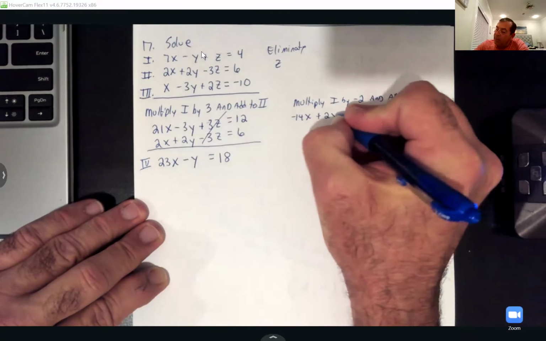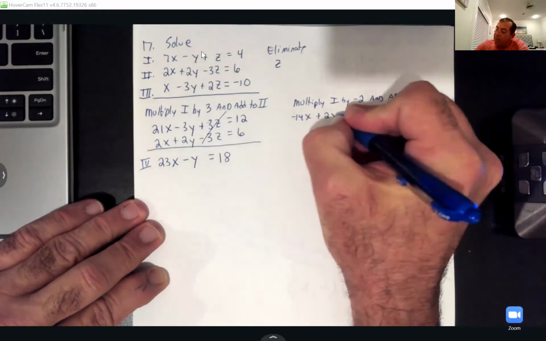Now, you could have multiplied the top one by negative 1 and made that y positive. Either way. So what I'm going to do is multiply the second equation by a negative 1 and then add to my first equation.